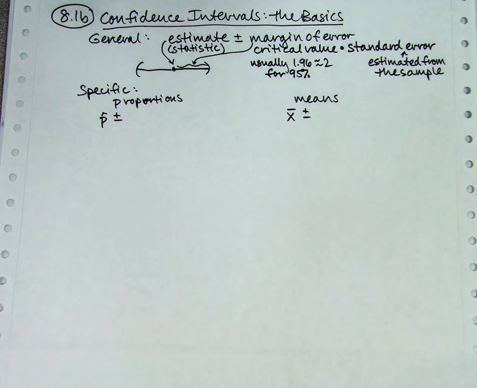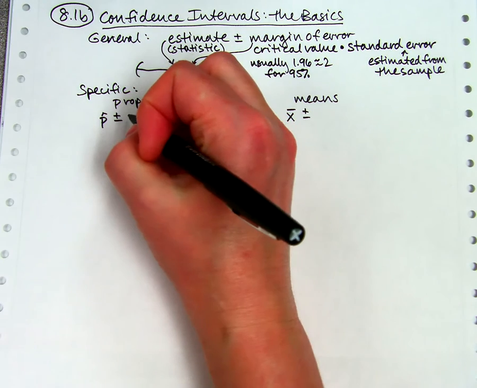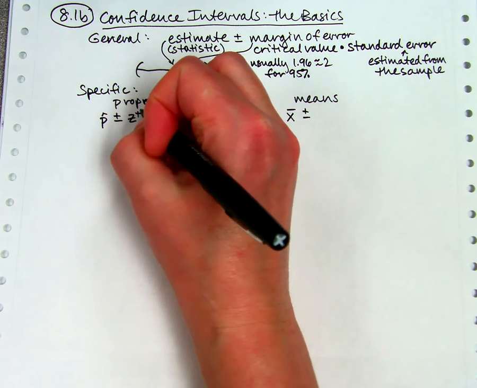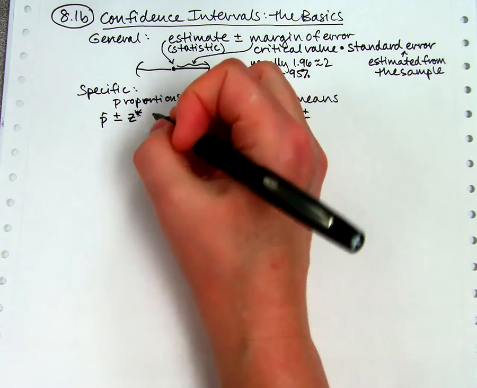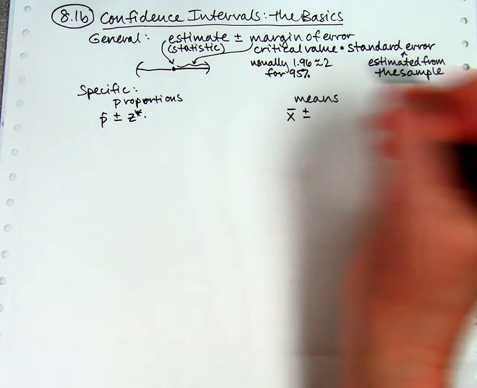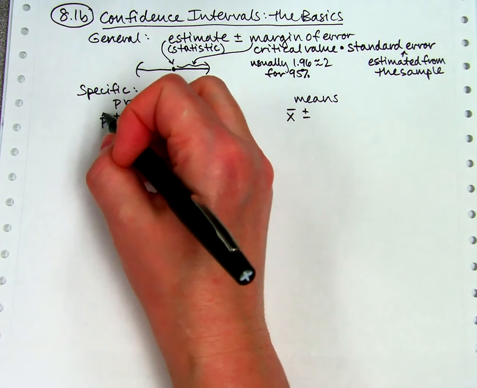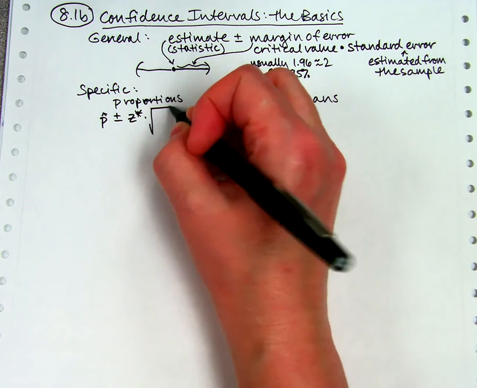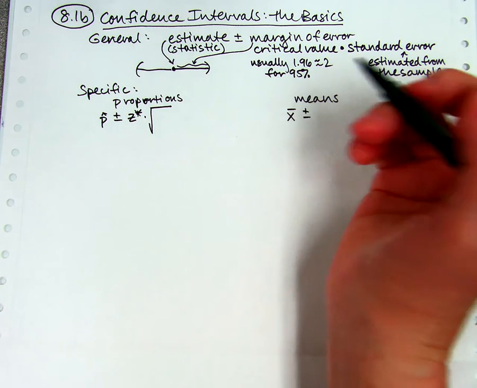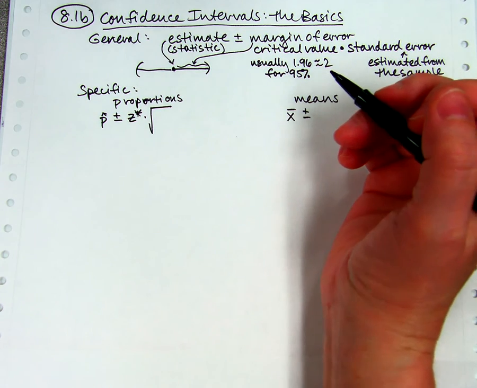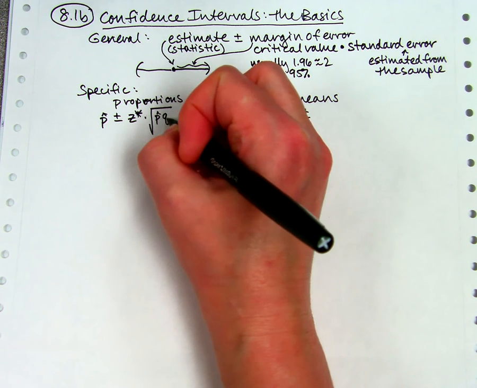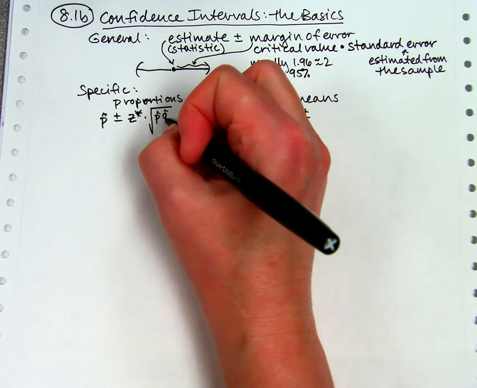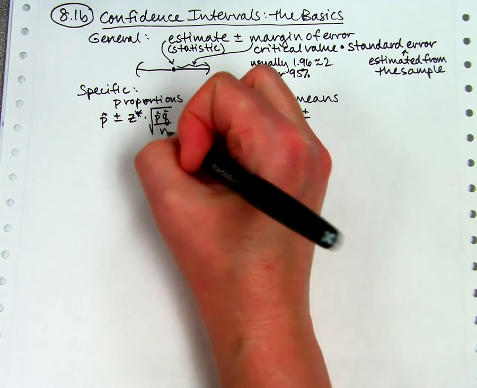Then you add and subtract your margin of error, which is the critical value. Remember, we talked about z star, which is a special z that cuts off that 95%, times our standard error. So remember, for proportions, the standard deviation formula is the square root of pq over n, except we don't know p and q. Oh gosh, that's terrible. We're going to use p hat and q hat instead, and as you might remember, q hat is 1 minus p hat.